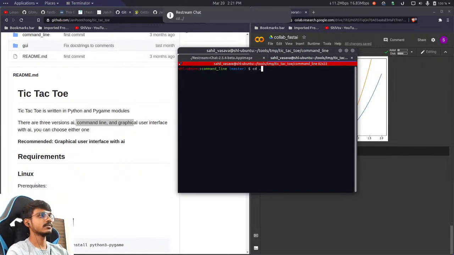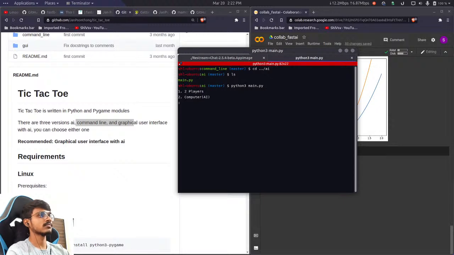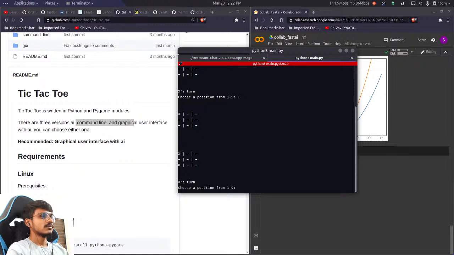AI. Cool. This version has 3, 4, 5. 1, 2, 3, 4. Hmm.